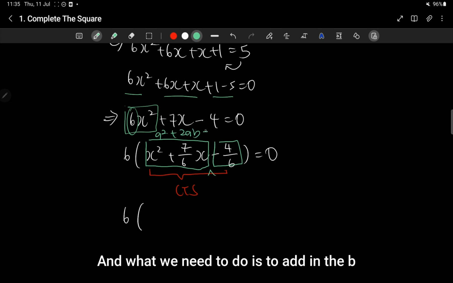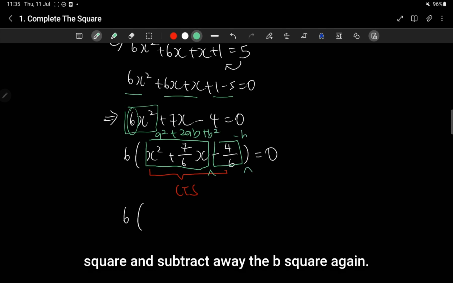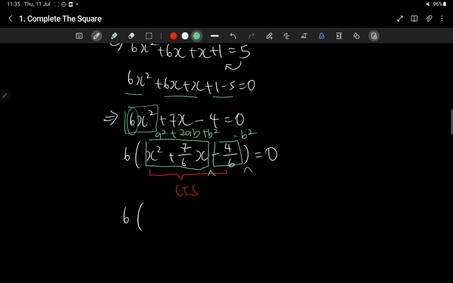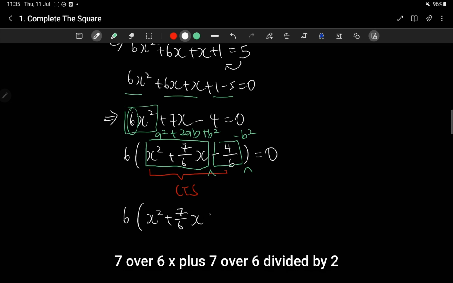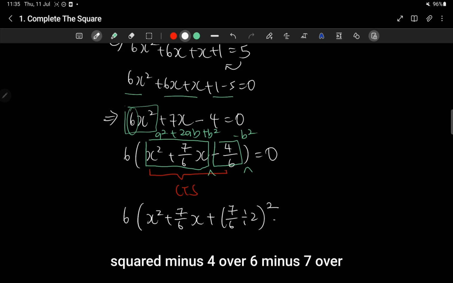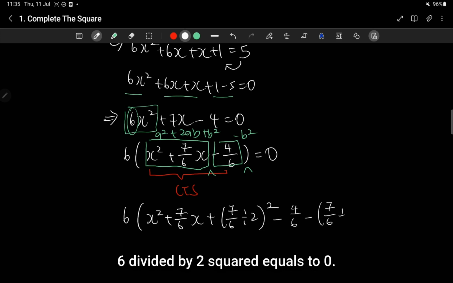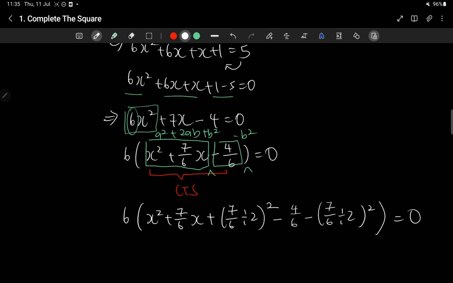And what we need to do is add in the b squared and subtract away the b squared at the end. So now we will have x squared plus 7 over 6 x plus 7 over 6 divided by 2 squared, minus 4 over 6 minus 7 over 6 divided by 2 squared equals 0.